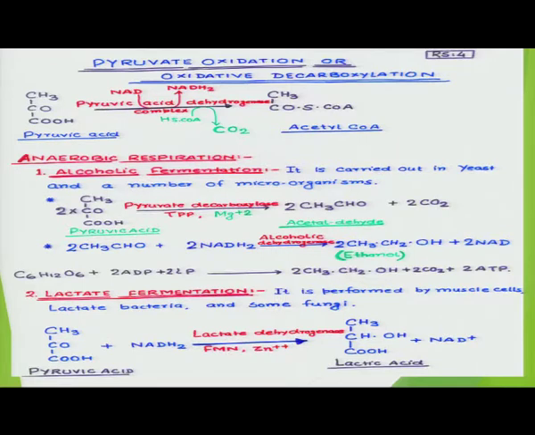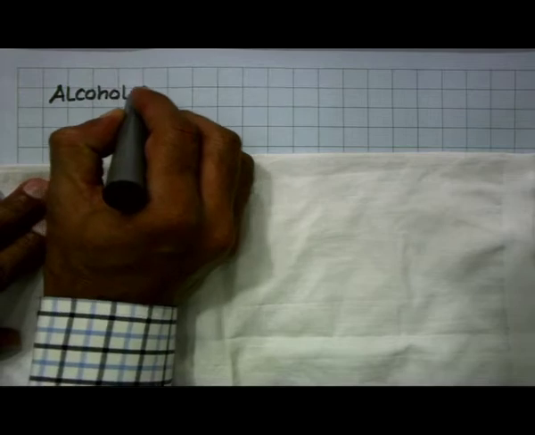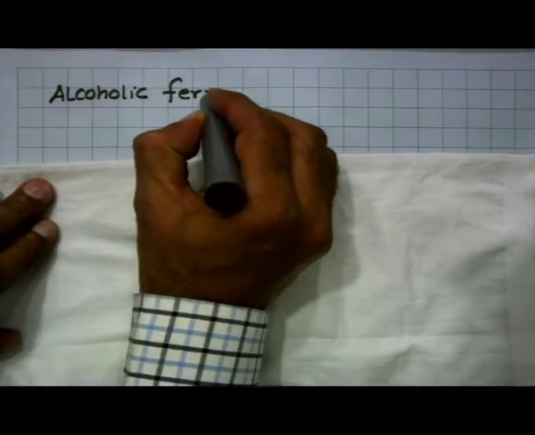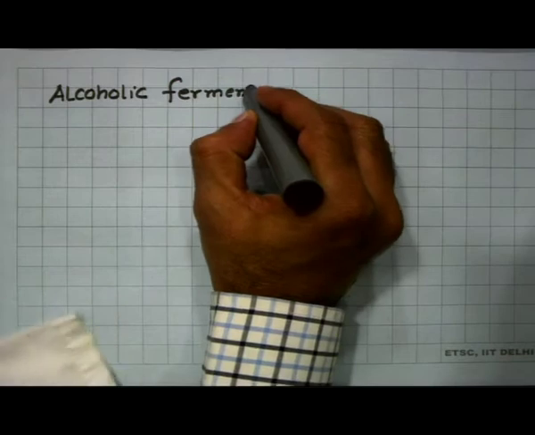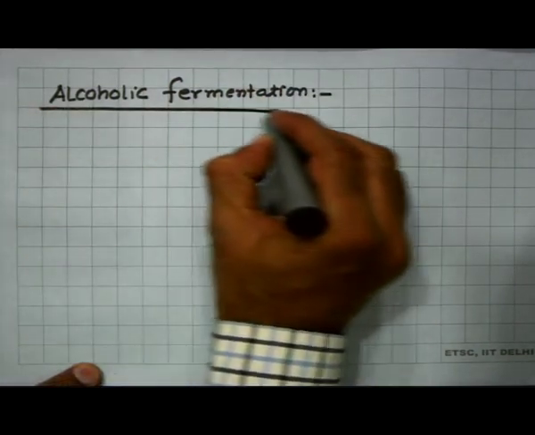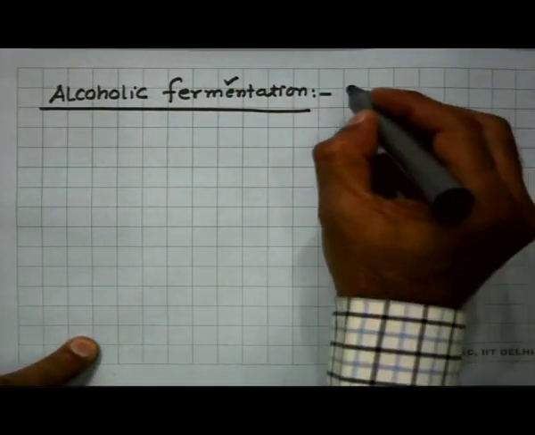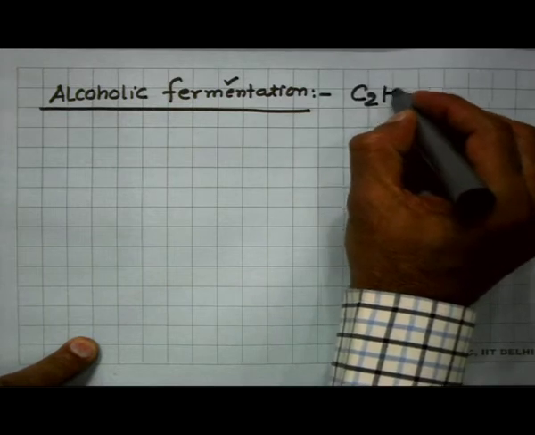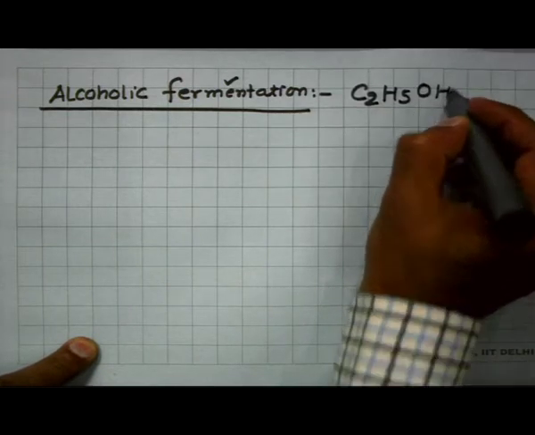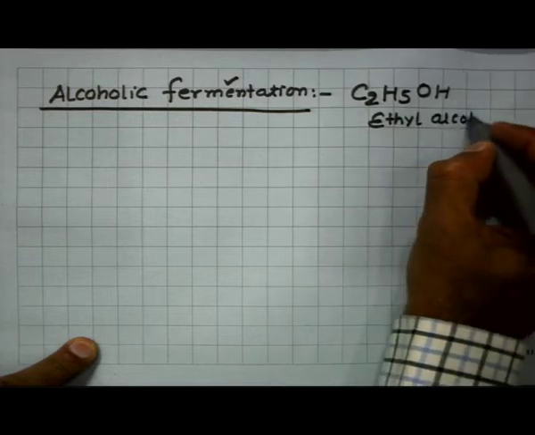First of all, we see the alcoholic fermentation. The alcoholic fermentation, as the term indicates, is fermentation in the absence of oxygen, and the product is C2H5OH, that is ethyl alcohol.